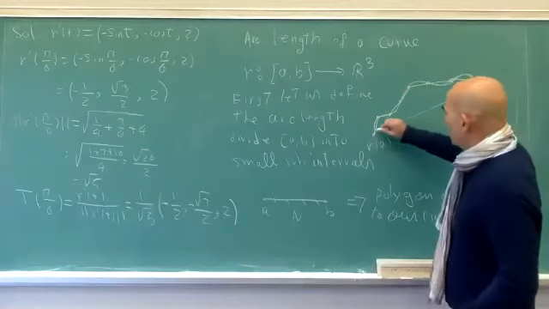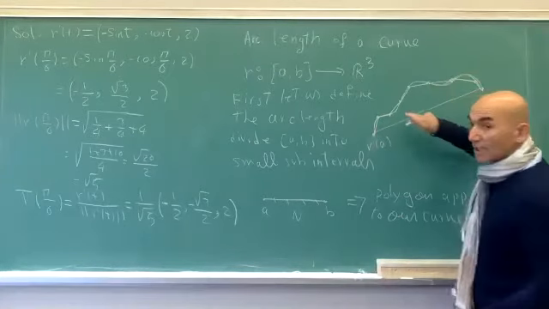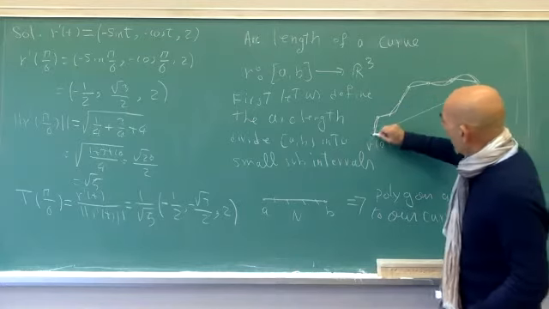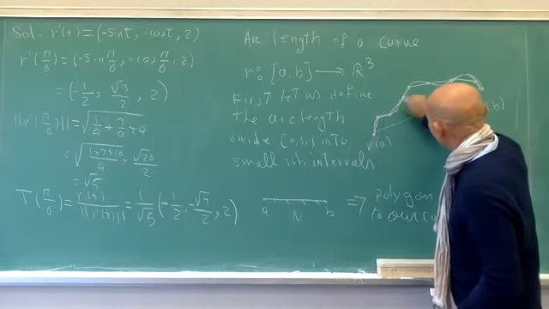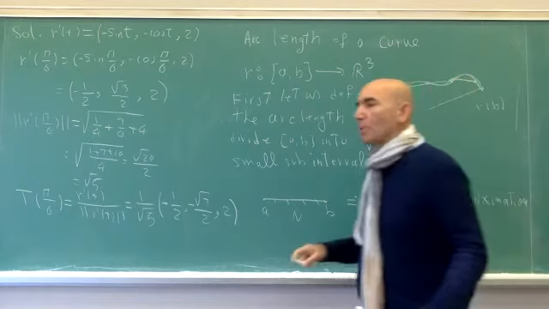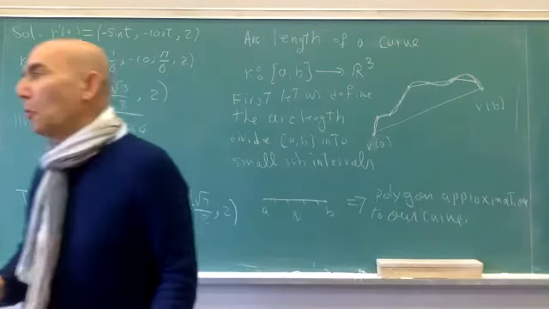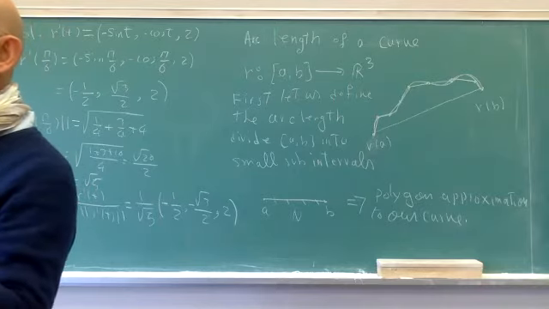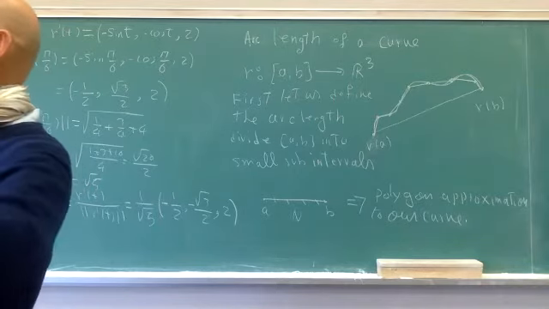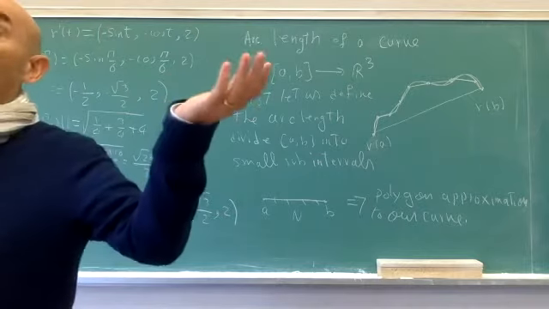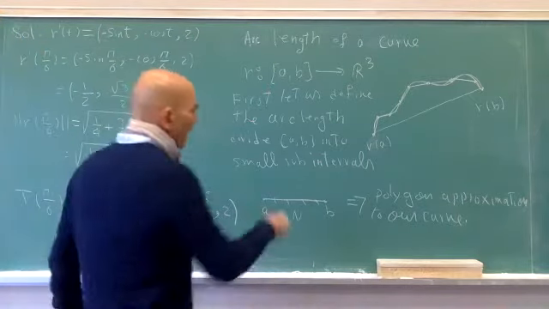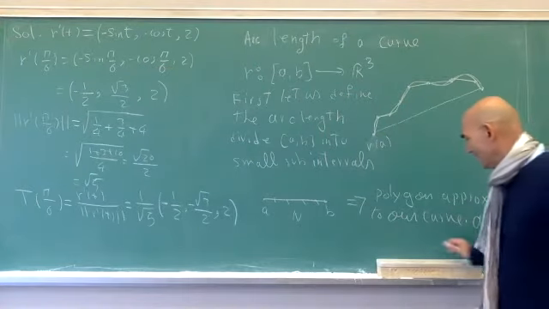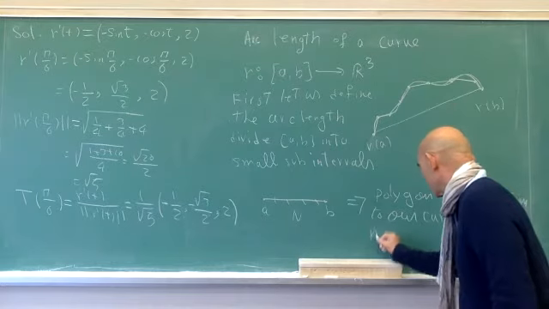And now we are back to the case that we have just a bunch of straight lines. So we add the lengths of these straight lines, and we hope for the best. Namely, we hope that as we take finer and finer subdivisions of the interval, these numbers will converge to some number, and that would be the length.